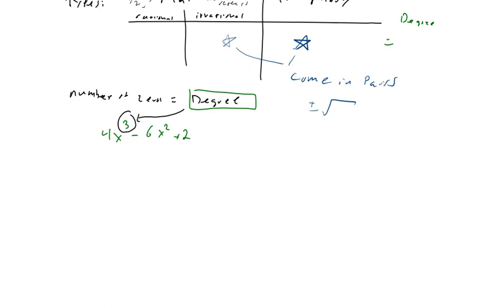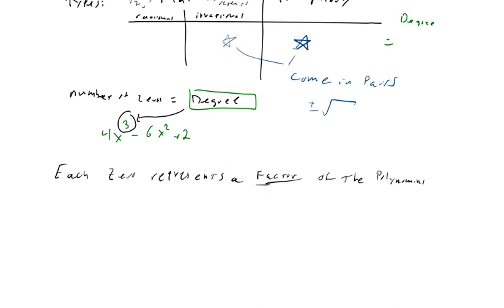When we have these zeros, each zero represents a factor of the polynomial. Each of the zeros that you find represents a factor.